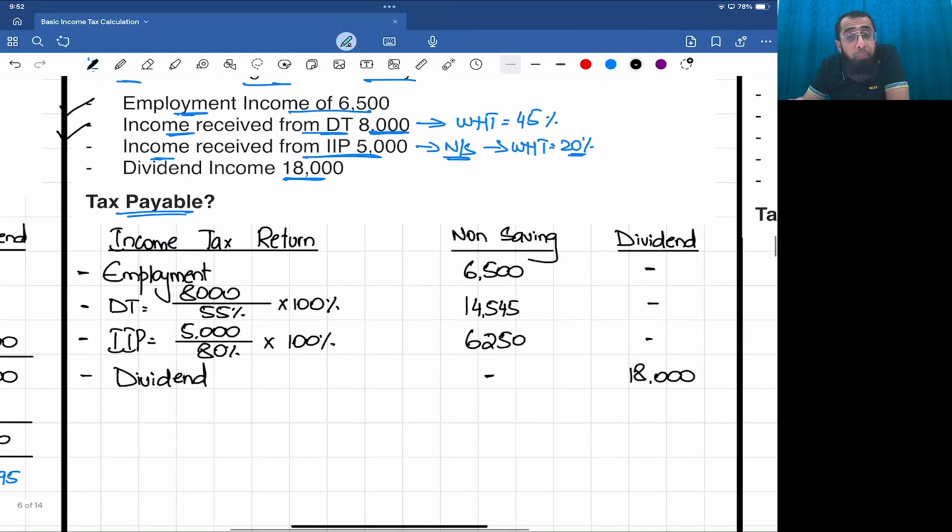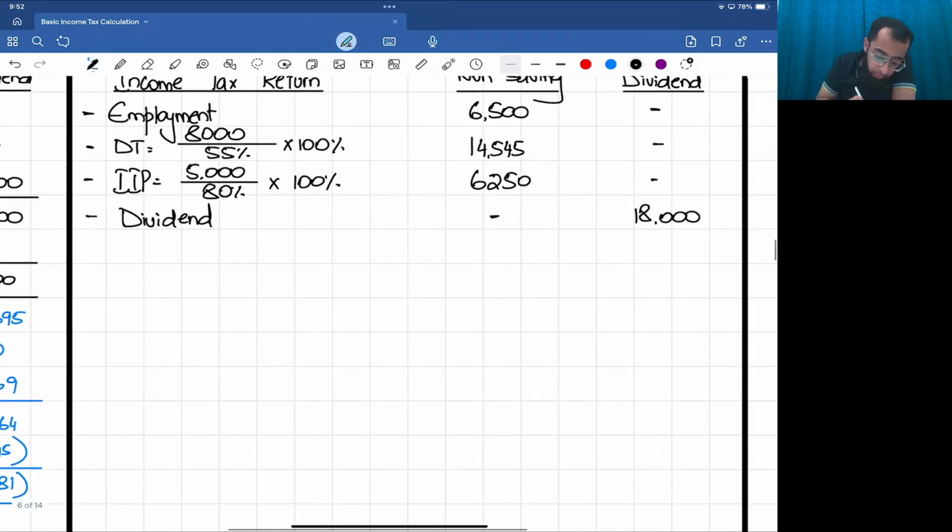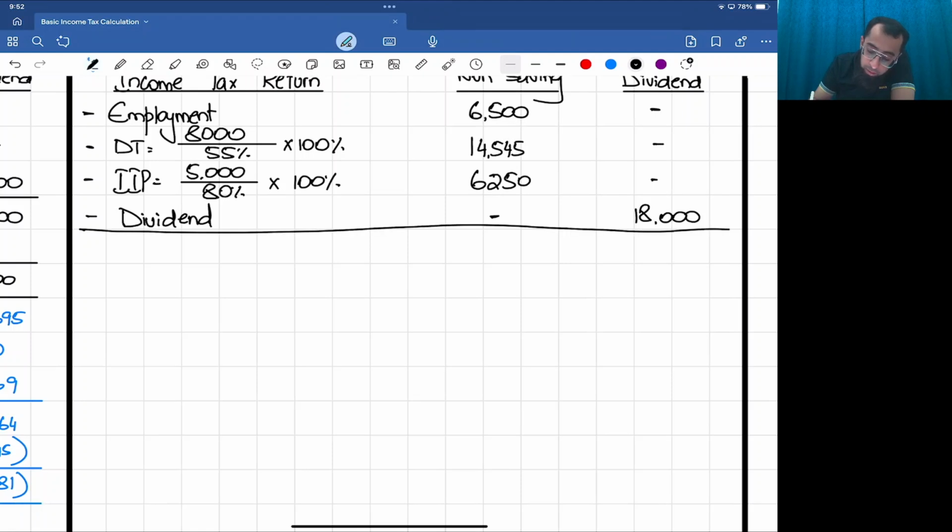Here you go. All the incomes are classified in the relevant heads. Discretionary trust is always non-saving. IIP can be saving, can be dividend, but since the question was silent, you put it in the non-saving head with 20% withhold. You add up all of them to arrive at the value of total income.